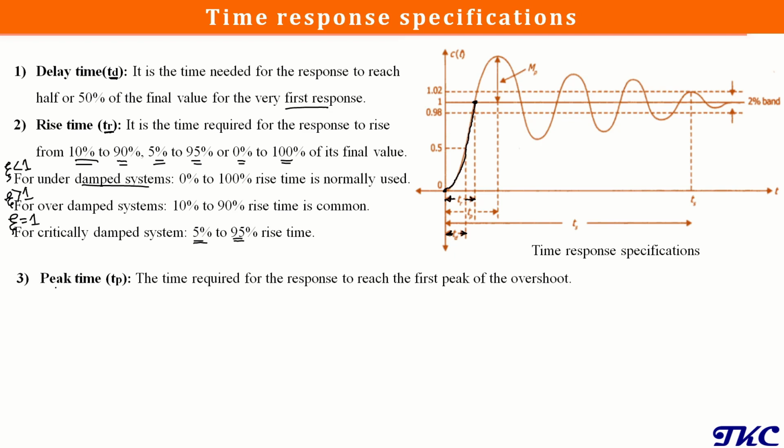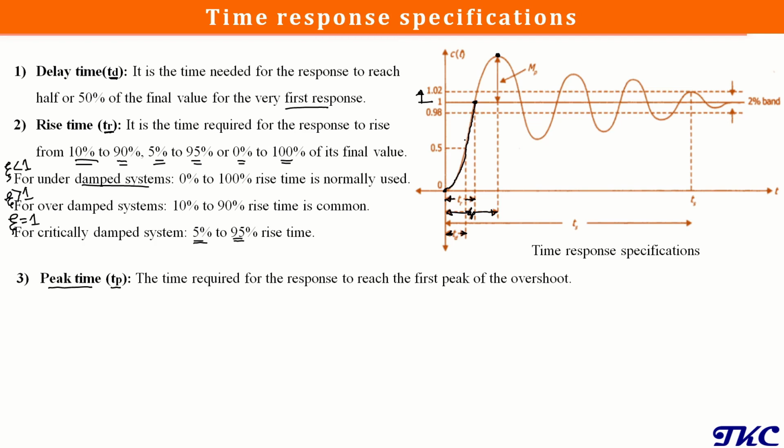Next time specification is peak time, defined by TP. It is the time required for the response to reach the first peak of the overshoot. On this graph, we can see this time TP is where our system moves from 0 to the highest peak. This is the overshoot that occurs when the response goes above the desired value.